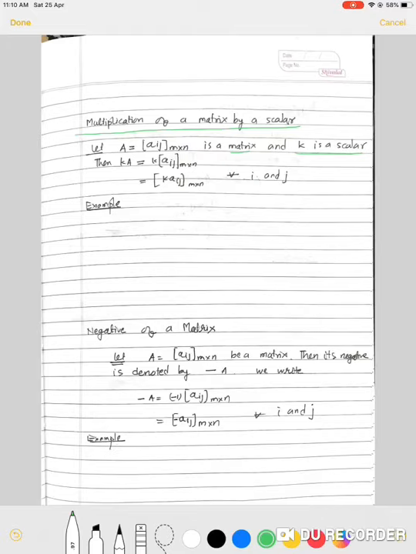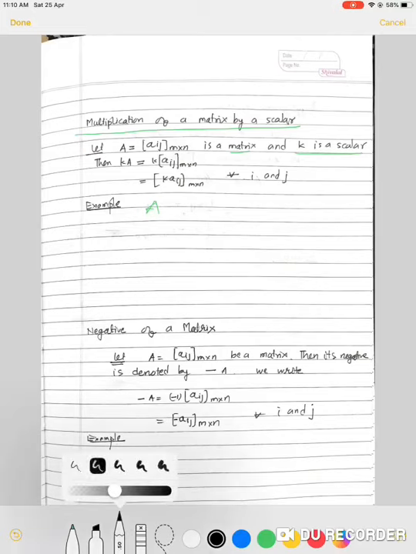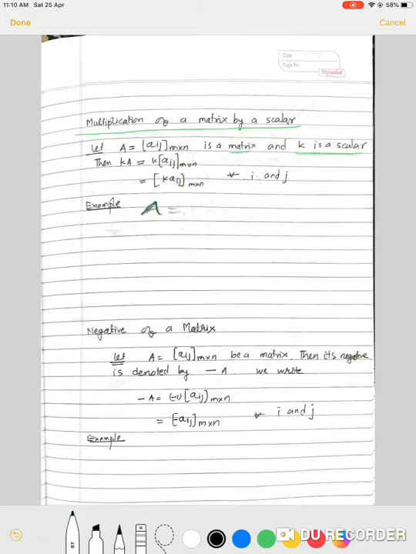Consider A is equal to 1 2 3 4, and we have to find 2A.